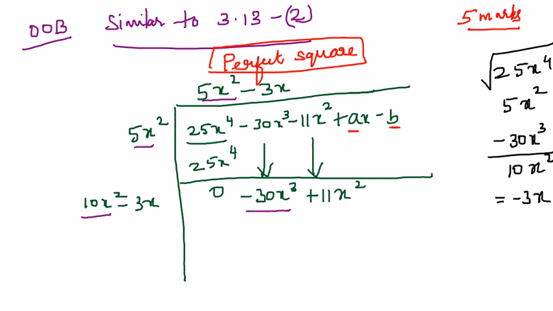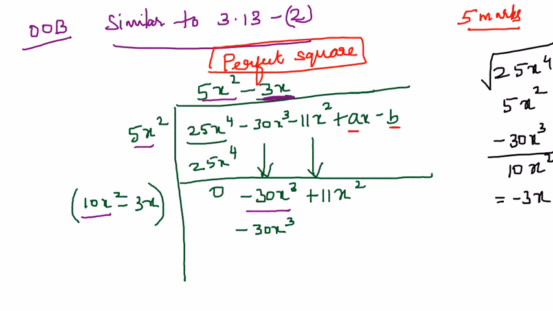Now what do you have to do? You have to multiply this entire expression here with whatever is newly added into the quotient, that is minus 3x. So 10x squared into minus 3x gives me minus 30x cubed.